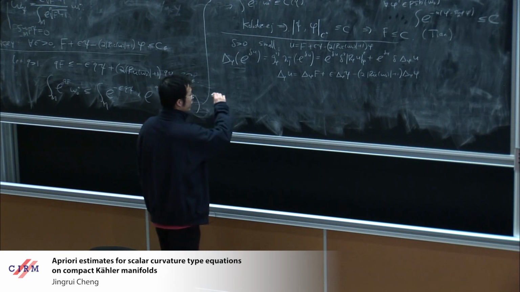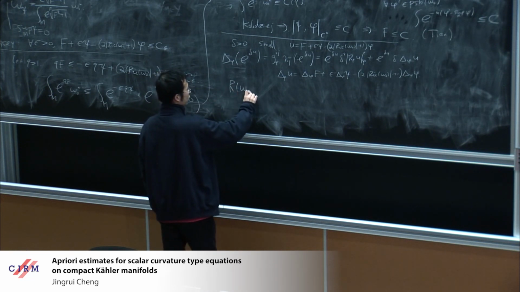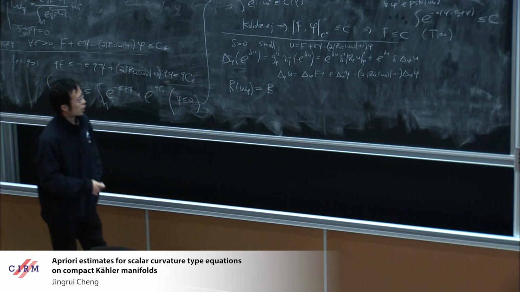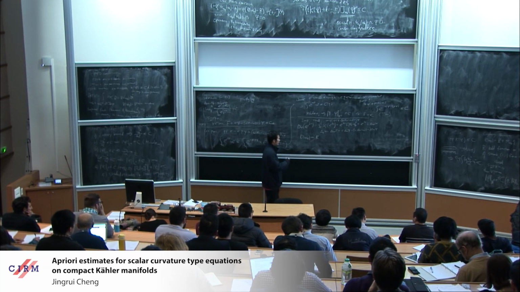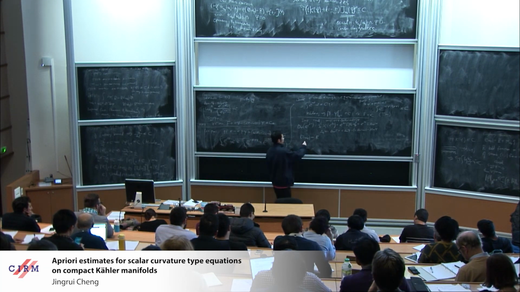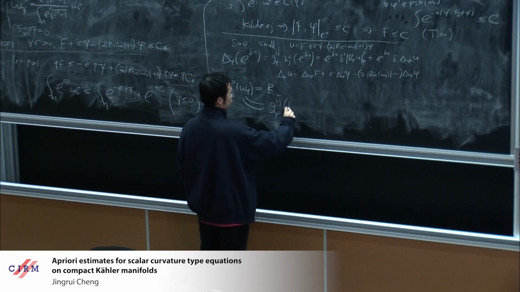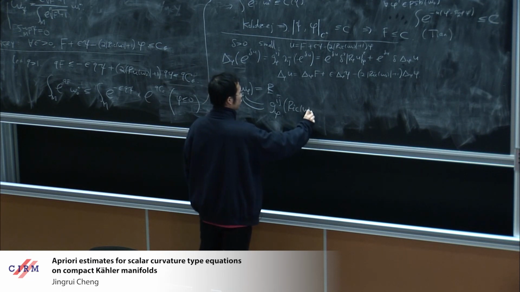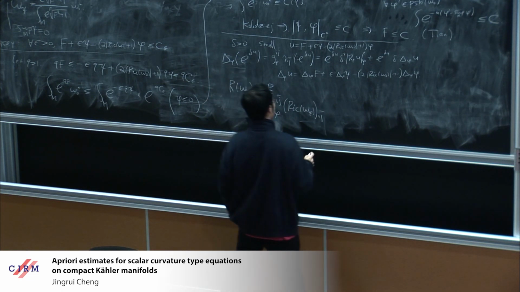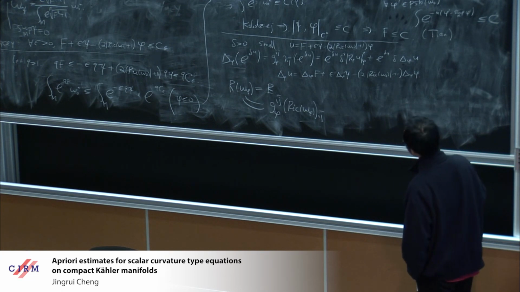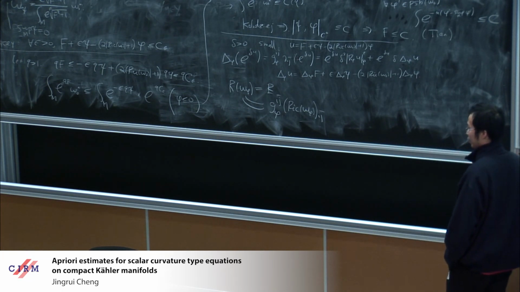The equation says that the scalar curvature equals a constant. Now the scalar curvature is obtained by taking the trace of the Ricci. You know that Ricci of omega phi and Ricci of omega 0 are in the same class, and they differ by dd bar of the log volume ratio.